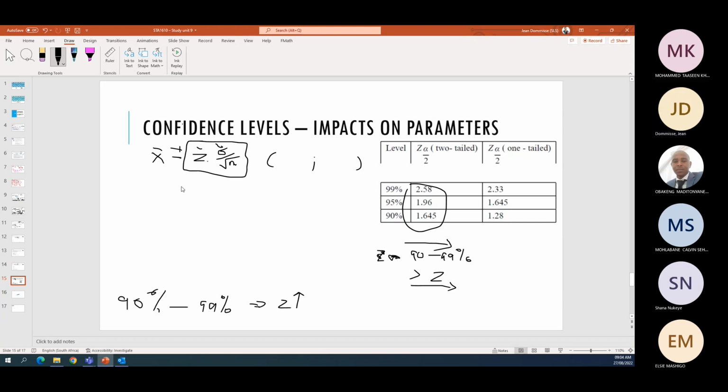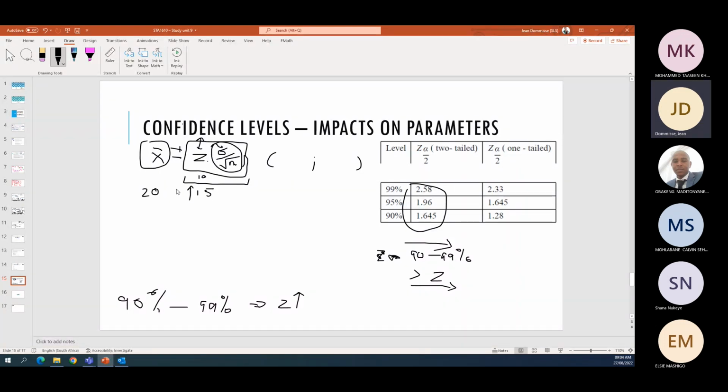And so if everything else in this stays the same, if Z becomes bigger, this part of the equation becomes bigger. So if originally this was 10, we make the confidence interval bigger, and now let's say it is 15.